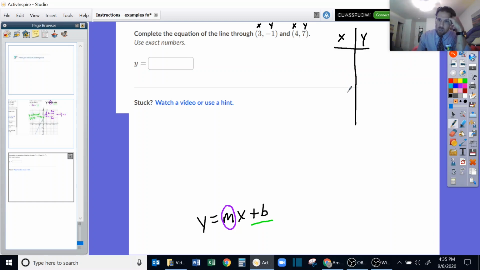Now I'm going to do something a little bit tricky, and I'm going to put these down here. I'm going to say 3, -1, and I'm going to say that's a point on my table, and then 4, 7.